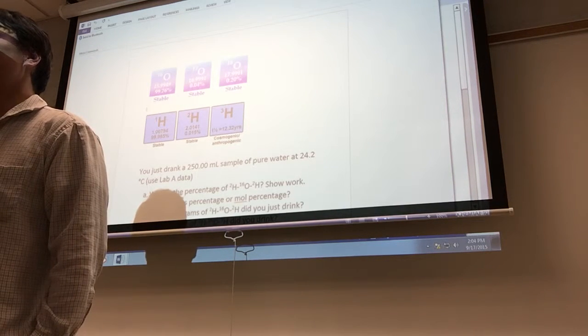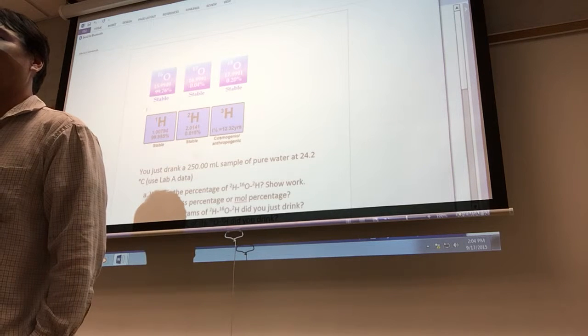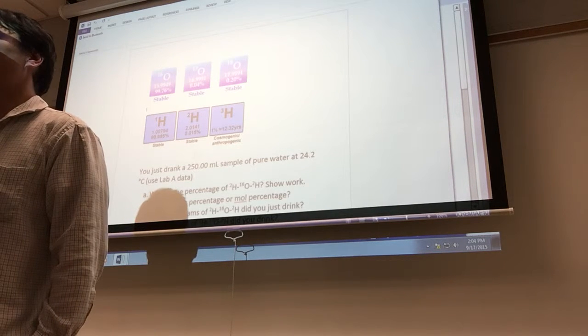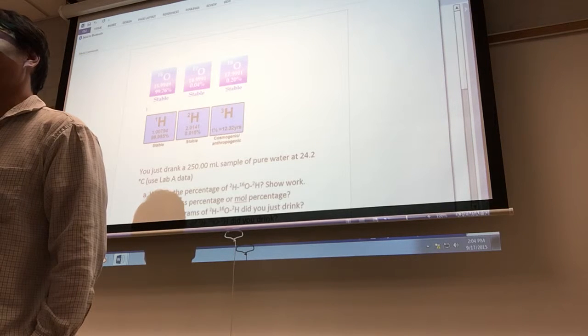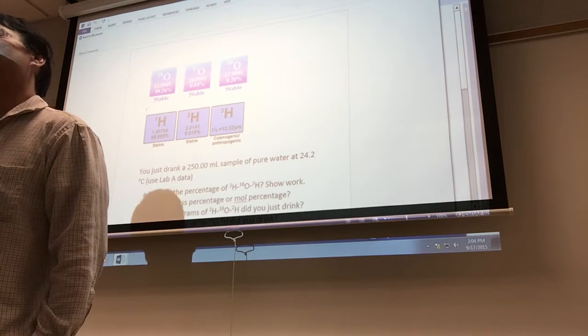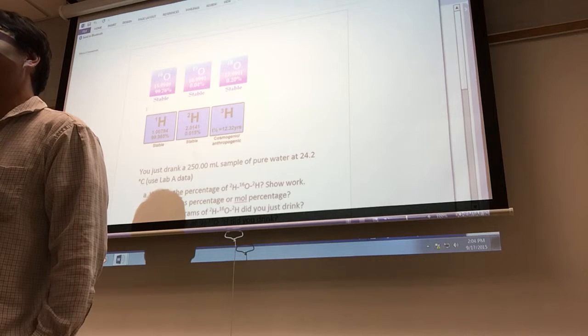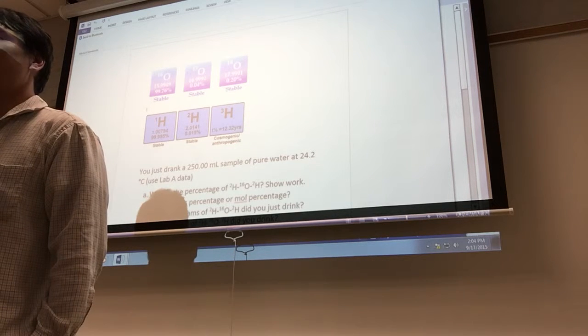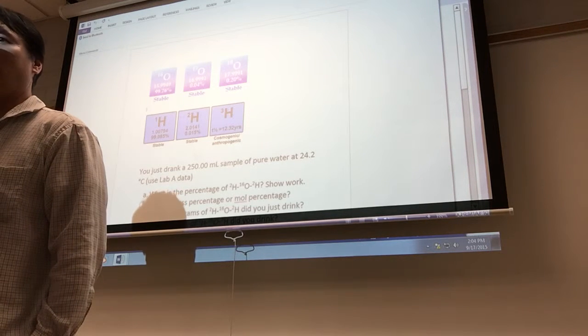What do you think for chemists is easier to track, in terms of composition, mass or mole percent? For example, is it easier to represent water as H11 or let's do H12O88, or is it easier for us to track water as H2O?